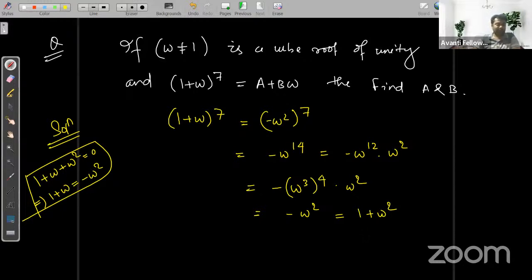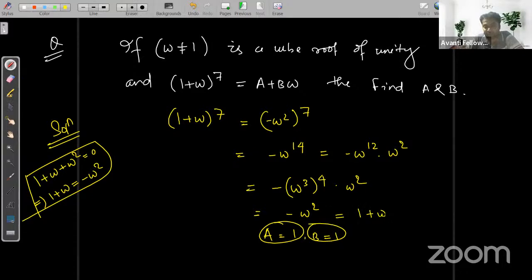So what are the values of a and b we are getting here? A becomes 1 and b also becomes 1. Sorry, minus omega square is equal to 1 plus omega.